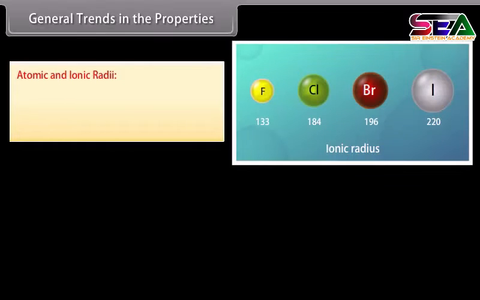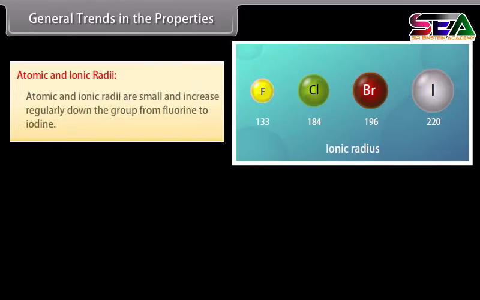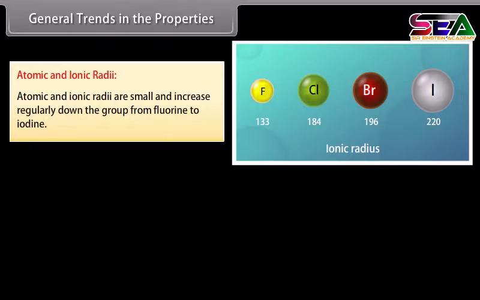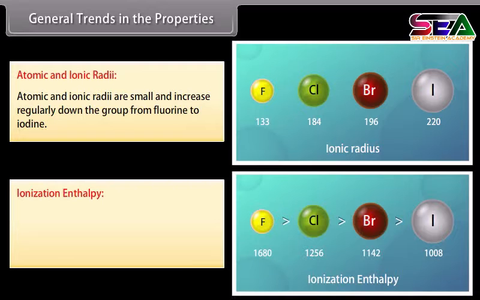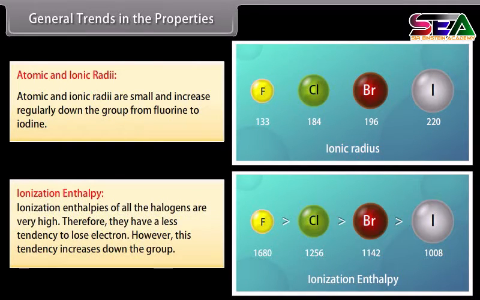General trends in properties. Atomic and ionic radii. Atomic and ionic radii are small and increase regularly down the group from fluorine to iodine because new electronic shells are added. Ionization enthalpy. Ionization enthalpies of all halogens are very high.